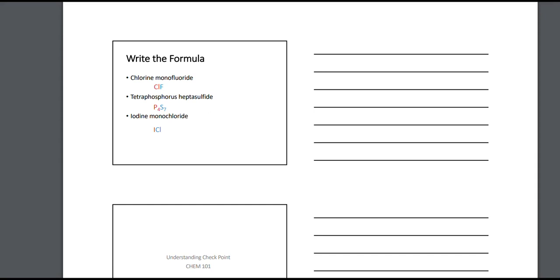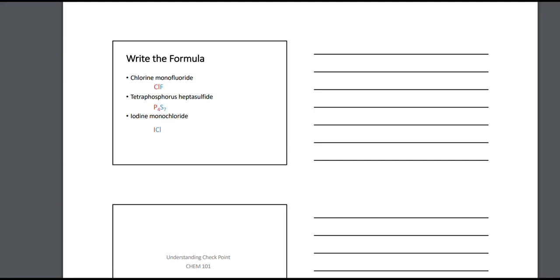So tetraphosphorus heptasulfide. When we say tetra, it means a 4. Phosphorus is P, so we start first with the element. Now we're doing it the other way around. We put the name of the element first, which is phosphorus, and we follow that with the subscript, which is a 4, and then heptasulfide.